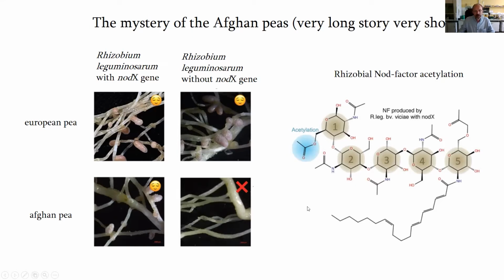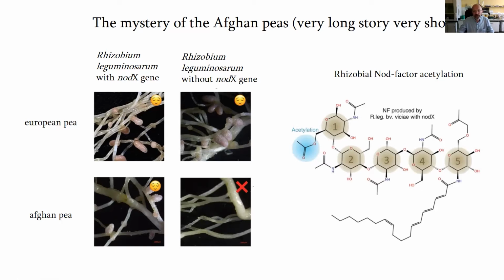And this secret is not a secret now, because the problem is acetylation of Nod factor. Rhizobia isolated from Afghan peas do not have the NodX gene responsible for acetylation of Nod factor. Because of this acetylation, we see this differential reaction with different lines.